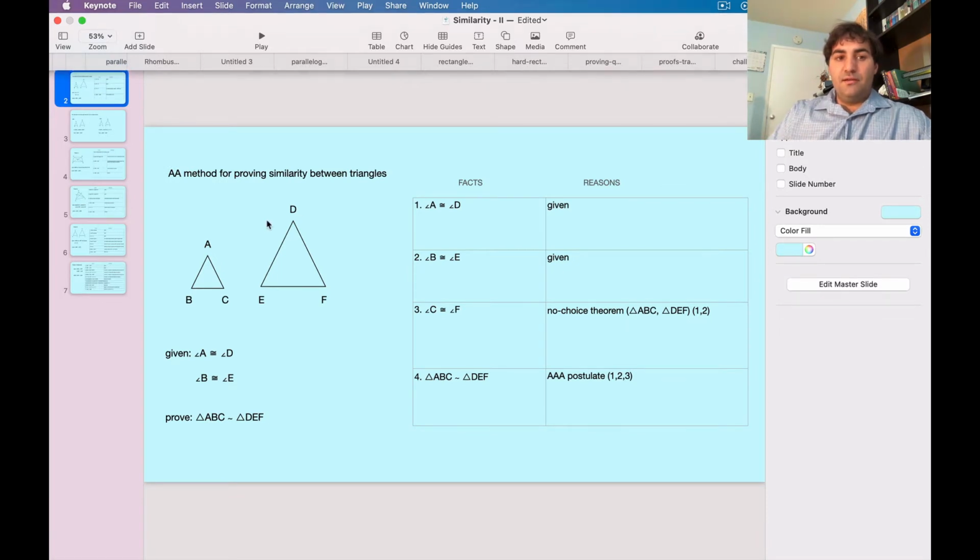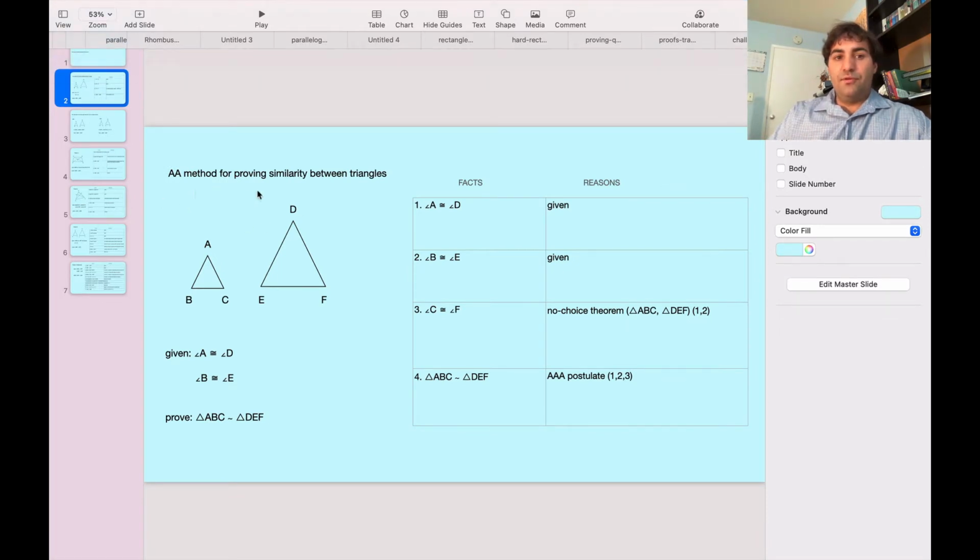We can use the angle method for proving similarity between triangles. So we're given triangle ABC and triangle DEF. We're given that angle A is congruent to angle D and angle B is congruent to angle E. And we want to prove that triangle ABC is similar to triangle DEF.